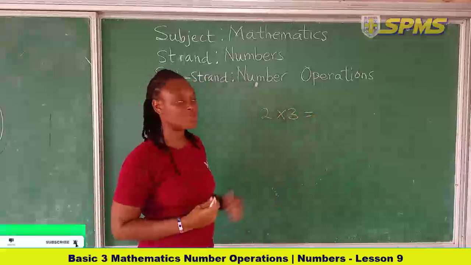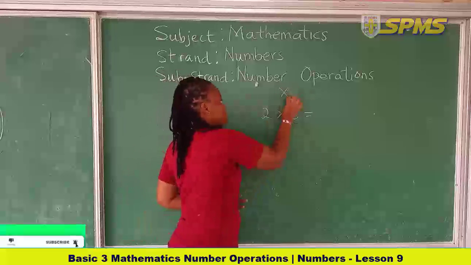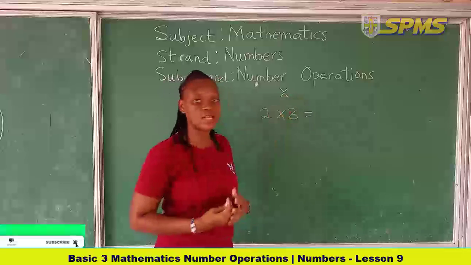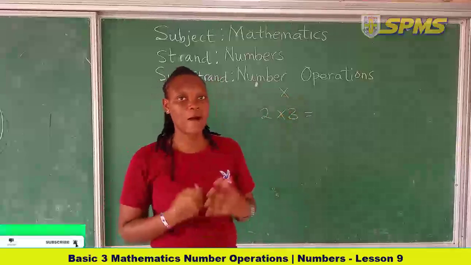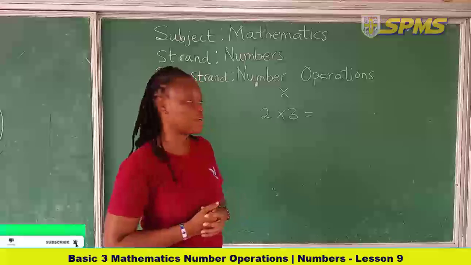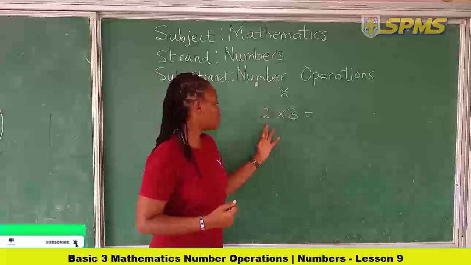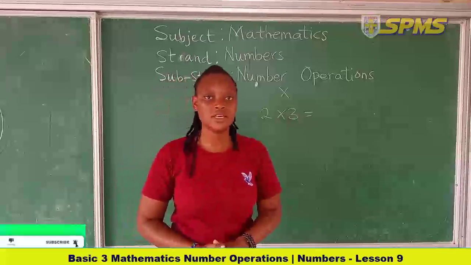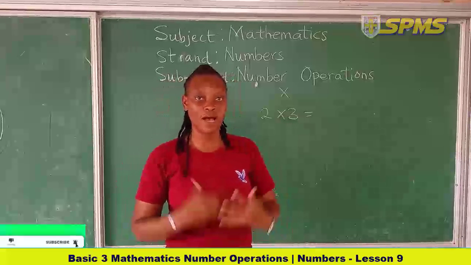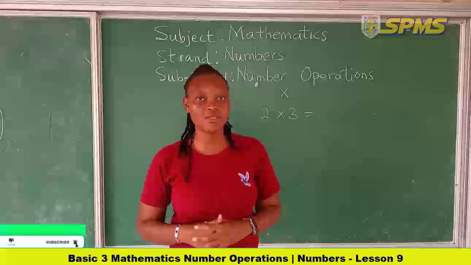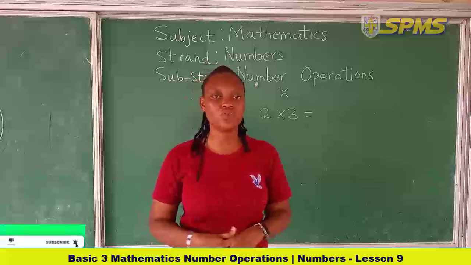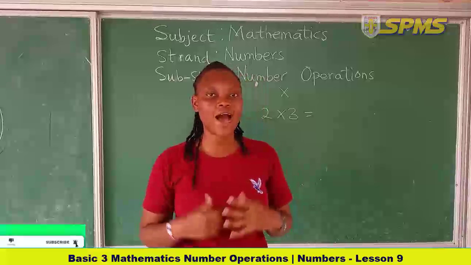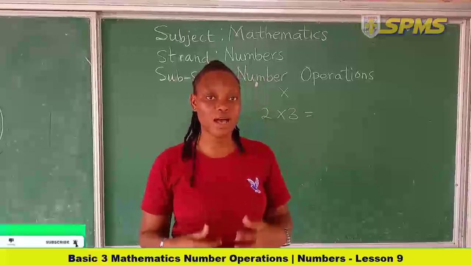In multiplication, we use the times sign as our multiplication sign. So what do we have when we multiply 2 by 3? In this case, we don't go straight by saying our times table, but we are going to use arrays to find our answer.